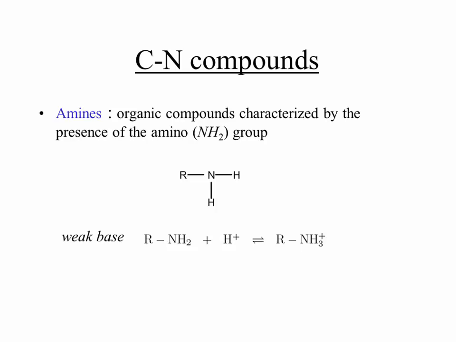So R-NH2, that's an amine. Now an amine is a weak base. Why? Because it takes up hydrogen ions in solution. It's weak because it's a reversible reaction. It goes both ways. It'll take up hydrogen ions in solution, so it's decreasing the concentration of hydrogen ions in solution.